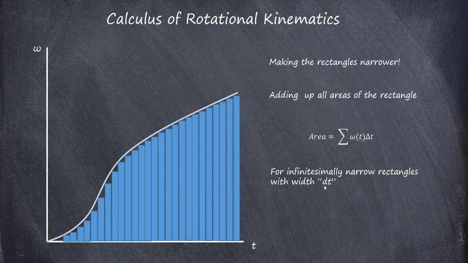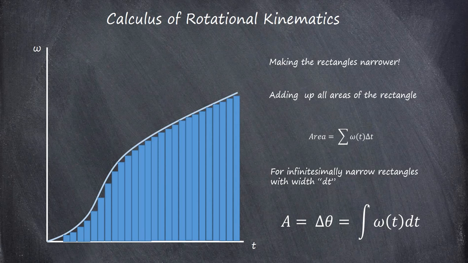This d is a very, very small width. And then we change the sigma into this integral sign, which is just the sigma on steroids.